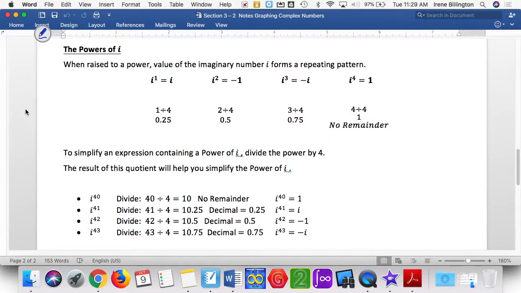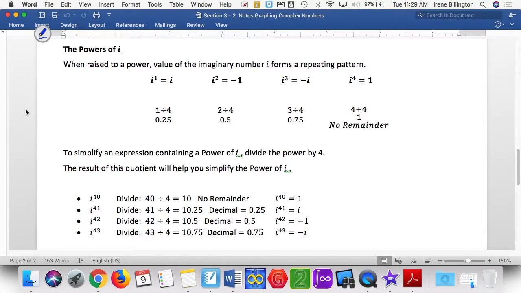And your task is going to be figuring out which of those 4 values your power of i expression is equal to. And I've got a really simple way for you to do it. What you are going to do is take your exponent, or your power, and divide it by 4.